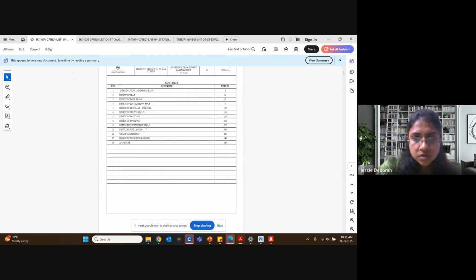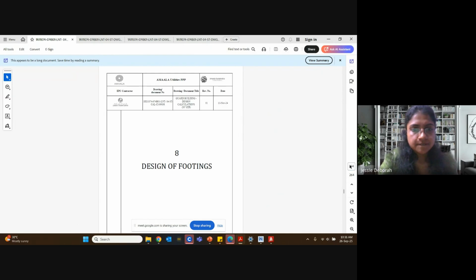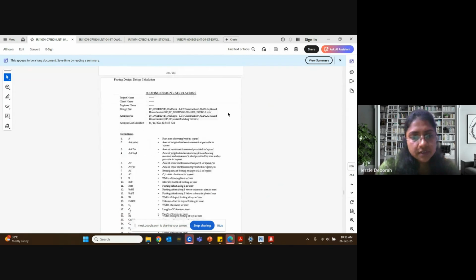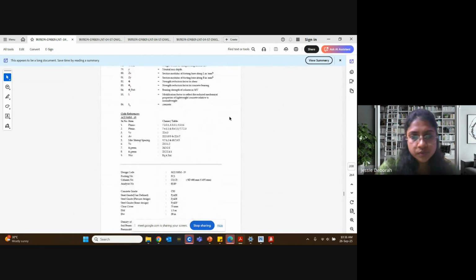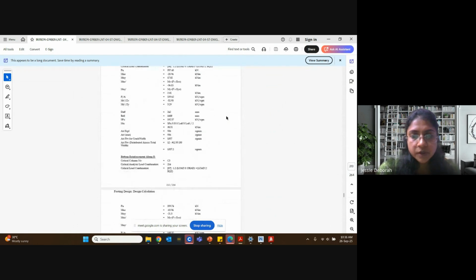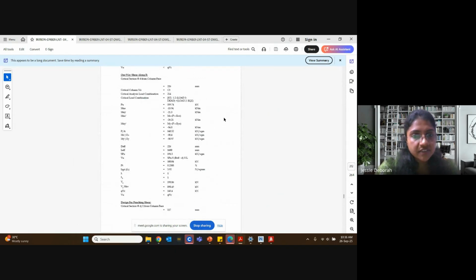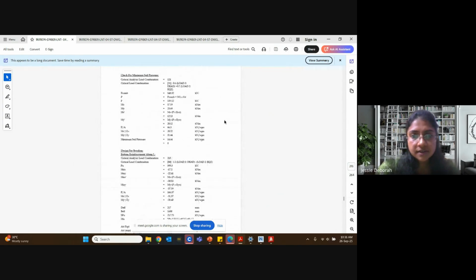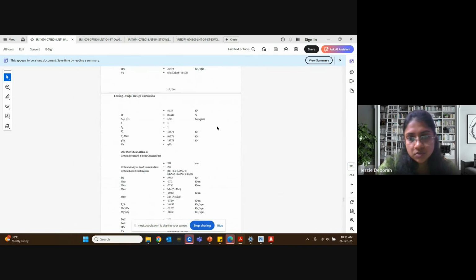Okay, let's go to design of footing. Design of footing, again we'll use the same software to give inputs, because we have modeled everything in STAAD and given where there is a break, what dimensions to take and all that. This is going to become easy for us.